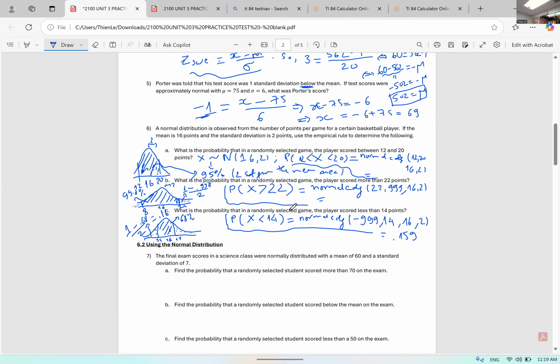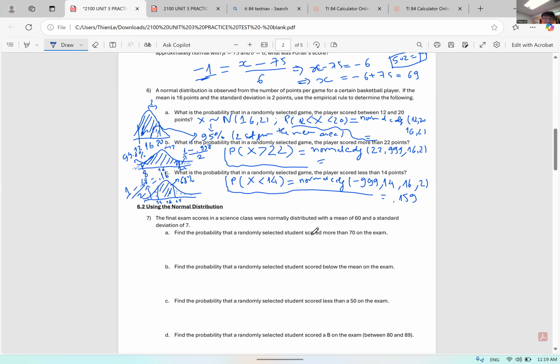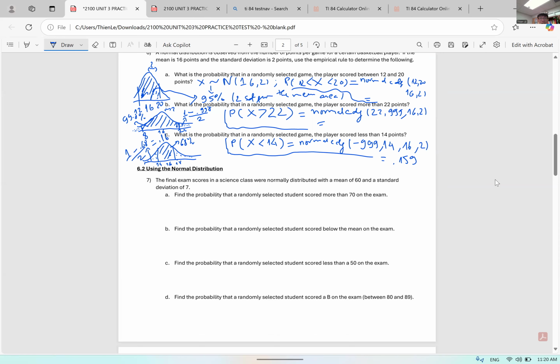It will be a decimal, not like 1, 2, 3, maybe 0.8 or 0.9. So at that time you need the normal CDF function, because it gives you access to whatever number, and you just plug in the boundary. The empirical rule won't work then. But it does have a benefit in case you don't have access to a calculator, and it gives you a fast answer for a lot of questions too.